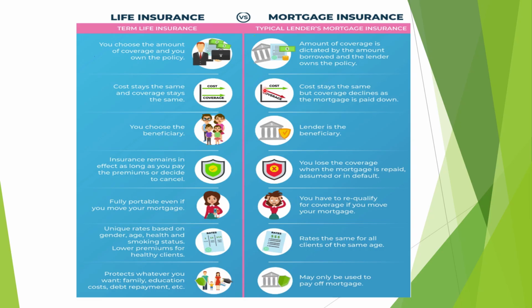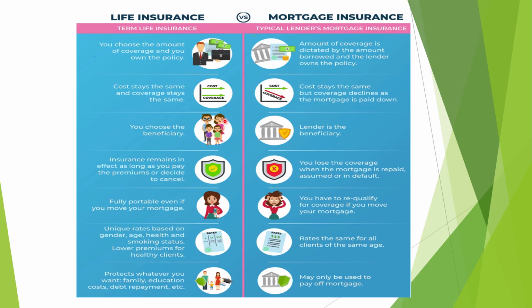At the beginning your coverage is $1 million and you're paying 250. Over here at the end, your remaining debt is like 100,000, and again your cost is the same. So ultimately you are paying more and your coverage is less as time passes. That is one of the drawbacks of mortgage insurance.